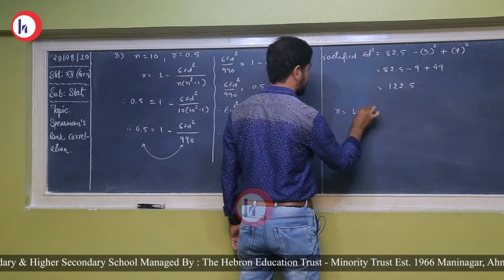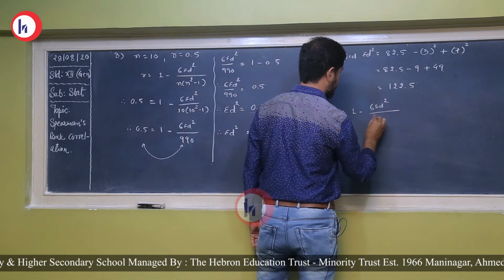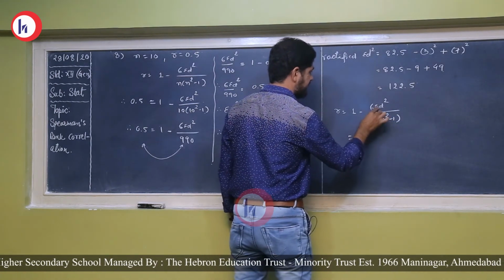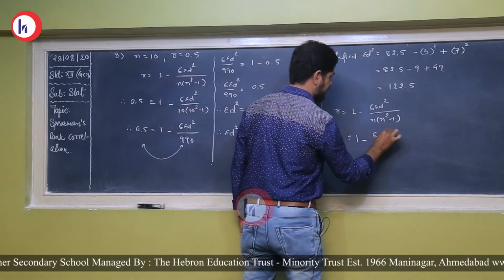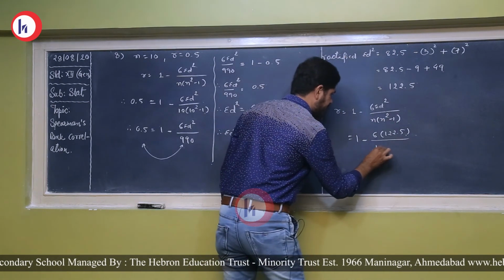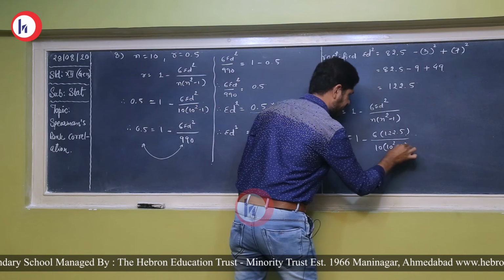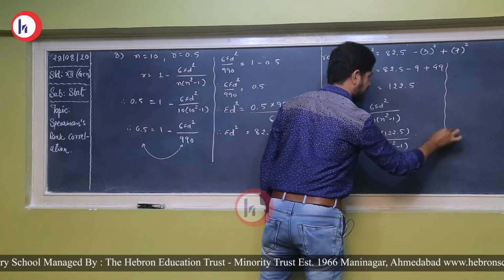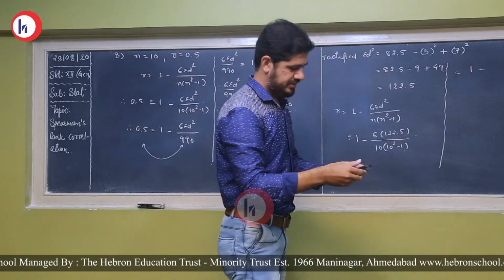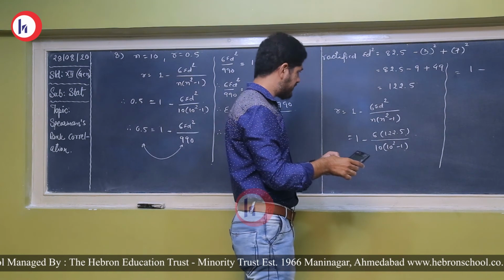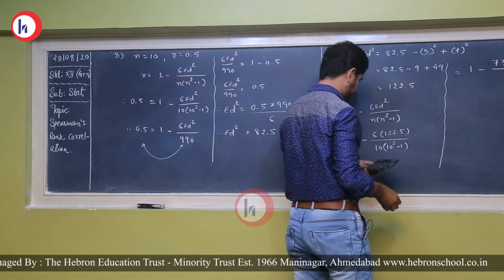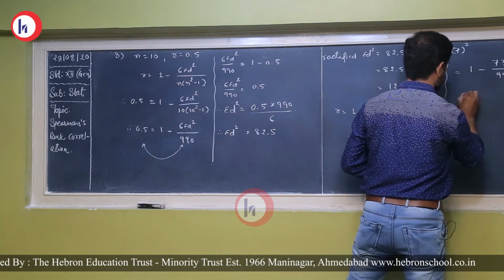Again students, we need to input into the formula. So r is equal to 1 minus 6 sigma d square upon n square minus 1. Finally 6 sigma d square, that is the rectified sigma d square 122.5, upon n square minus 1. So 1 minus 122.5 into 6, we will get 735 upon 990.